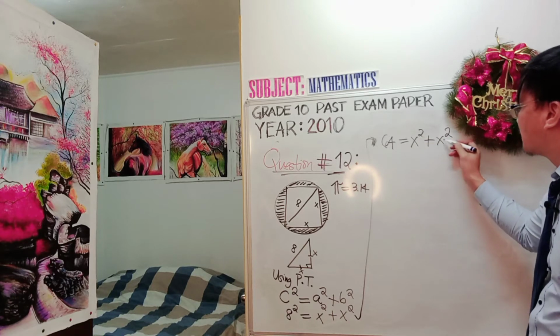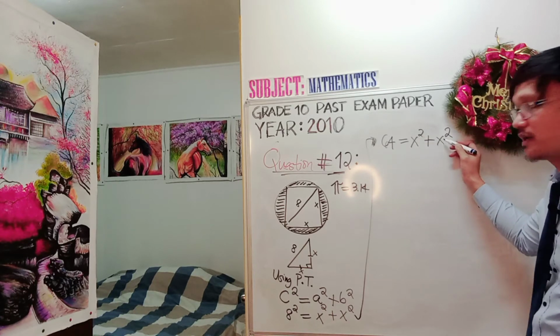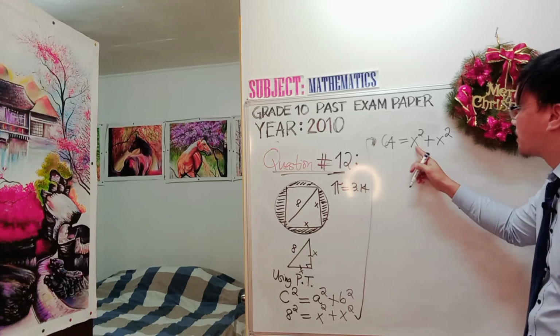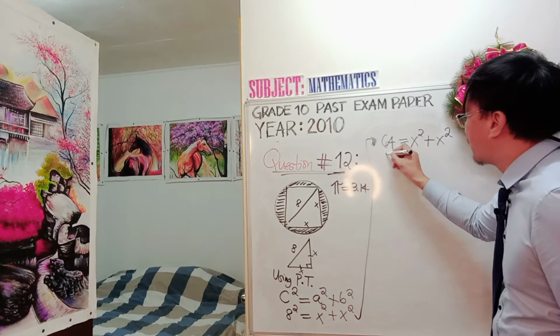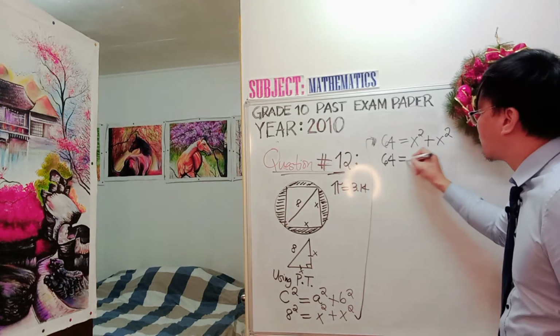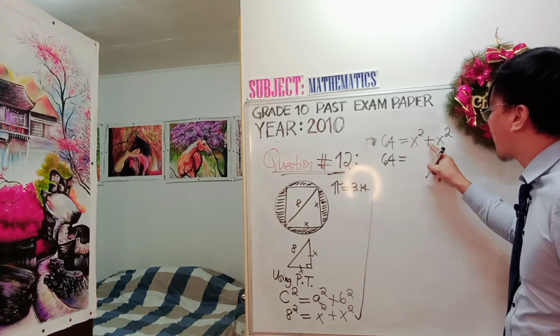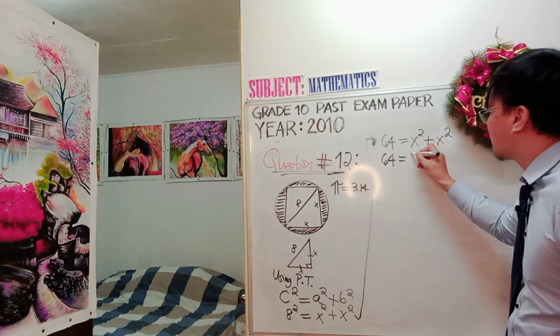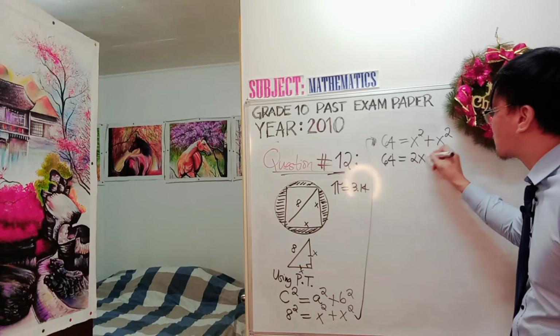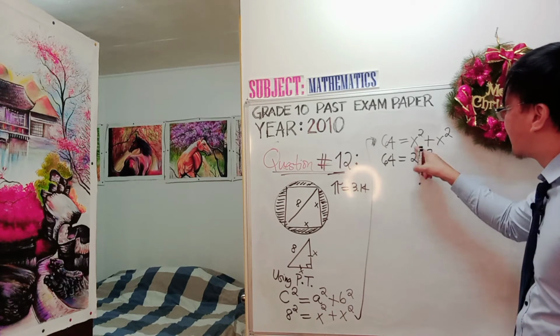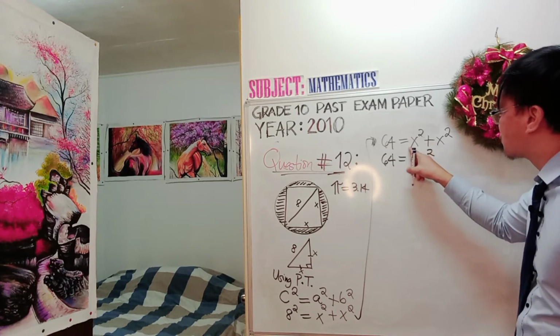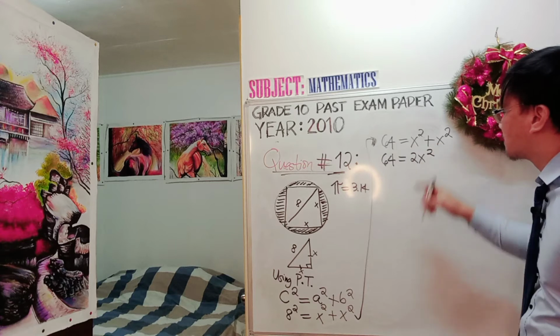Another x square is understood to have a numerical coefficient of 1. In other words, the two terms are like terms. So rewrite: 64 equals 1x squared plus 1x squared equals 2x squared. Because they are like terms and each is understood to have a numerical coefficient of 1.